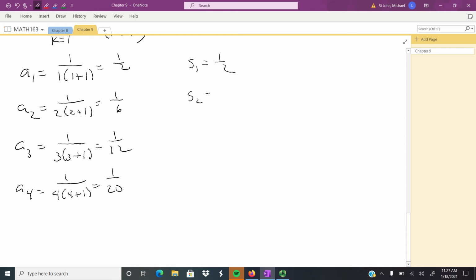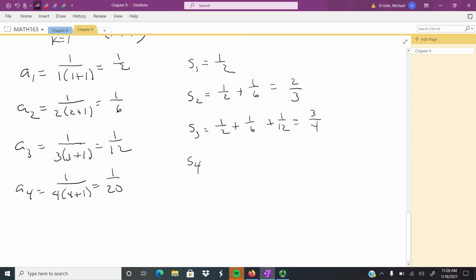S sub 2 is 1 half plus 1 over 6, which is going to be 2/3. S sub 3 is 1 half plus 1/6 plus 1/12, and that is going to give us 3/4.